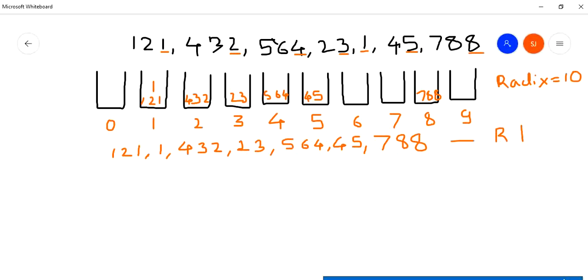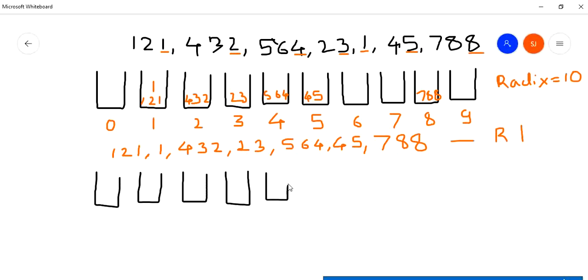First of all you have to make the buckets empty. You want to redraw the buckets. This is the first bucket, the zeroth bucket. Bucket 0, then bucket 1, bucket 2, bucket 3. I am using Microsoft Whiteboard, so it is very easy for me to draw. If you are using pen and paper, then it is also very easy. Bucket 5, 6, 7, 8.